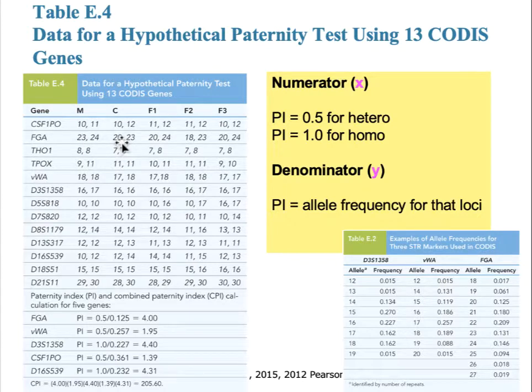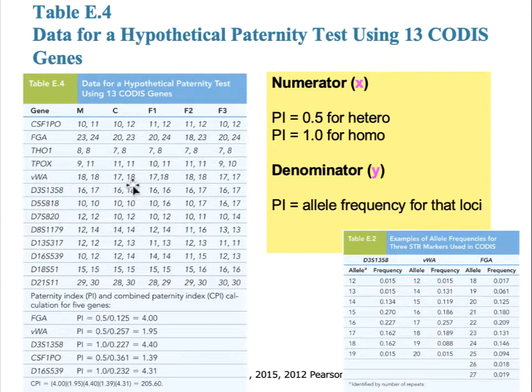So where did the 20 come from? Let's assume the 20 came from this father. So that's the allele that we're talking about. We can ignore the 24 in this case because we know that wasn't passed through to the child. So concentrating on just the 20 repeat allele in the father 1 for the FGA locus, that's the value that we look up. The same thing will happen with VWA.